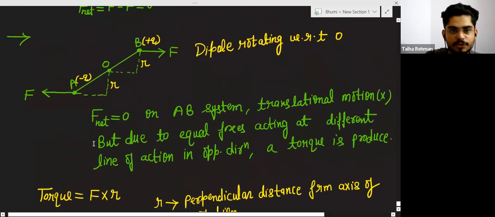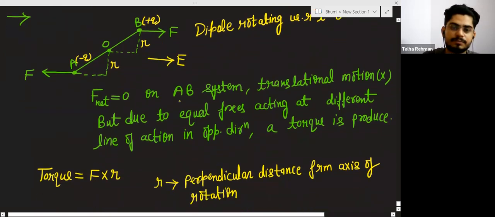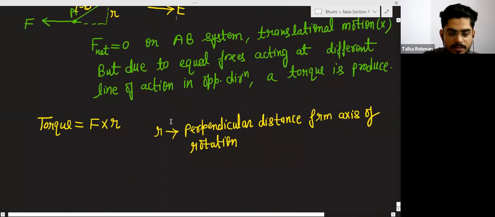And the direction of the electric field is in this direction. I am representing this torque by tau, and this torque is given by force.